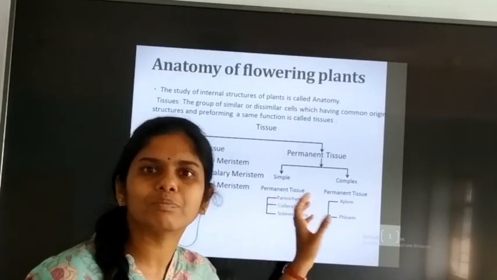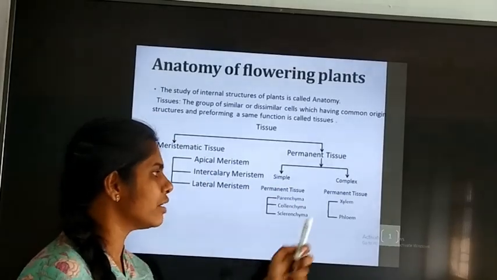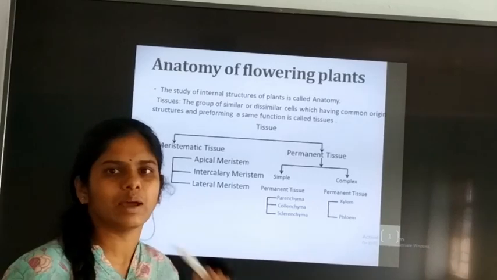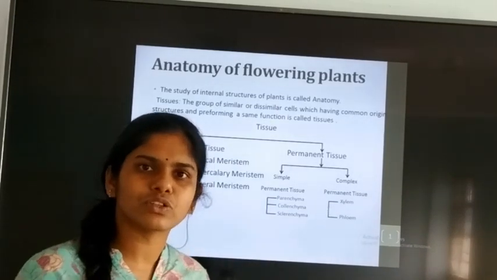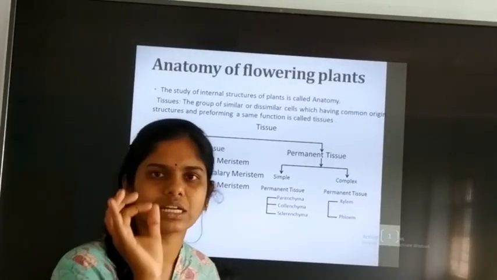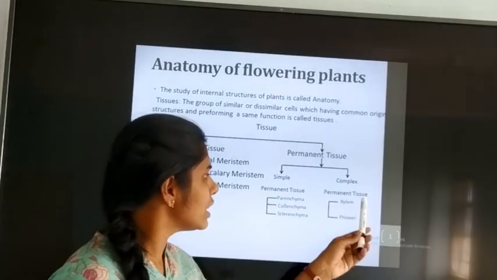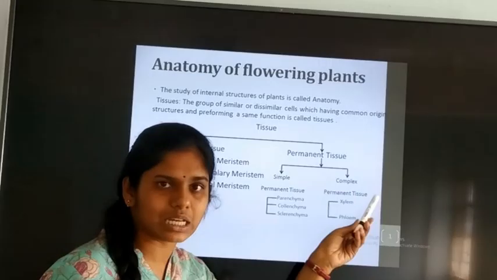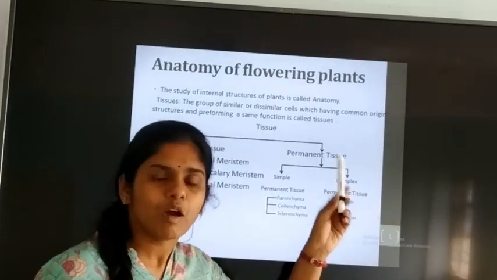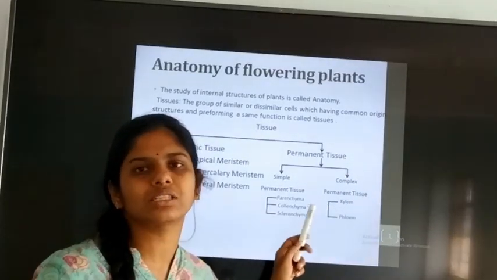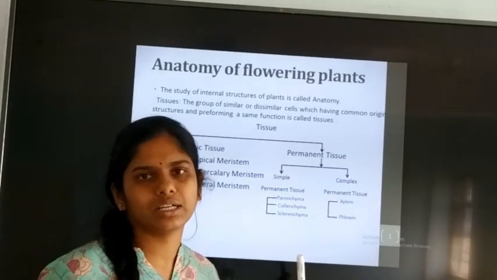For example, xylem, which I already read. The xylem consists of four different elements: tracheids, vessels, xylem parenchyma, and xylem fiber. These are different types of dissimilar cells performing the same function, that is the conduction of water.